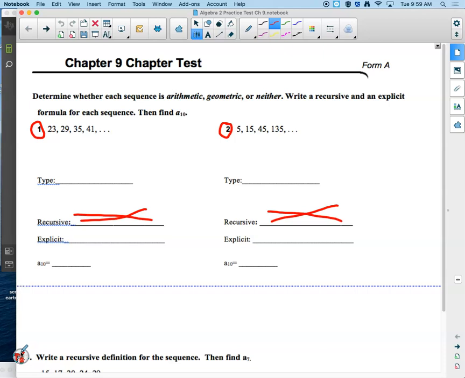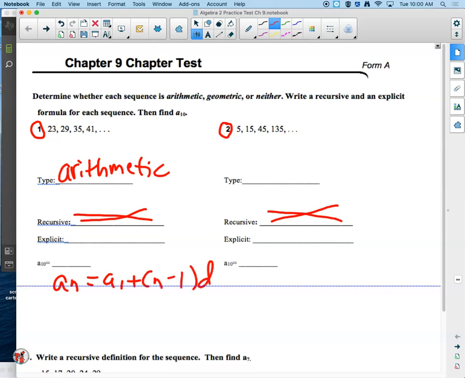So take a look at number 1. 23, 29, 35, 41. Benny already had that one. What is that one? It is arithmetic. So then you'll go to your formula sheet and you'll go, oh, it's the one with the plus in it. A sub n equals a sub 1 plus the quantity n minus 1 times d.